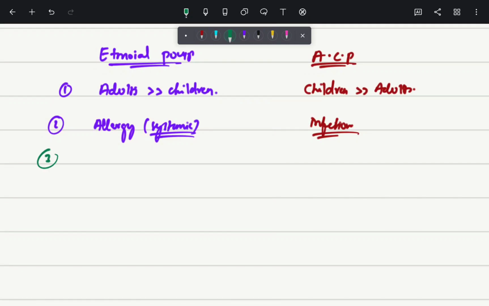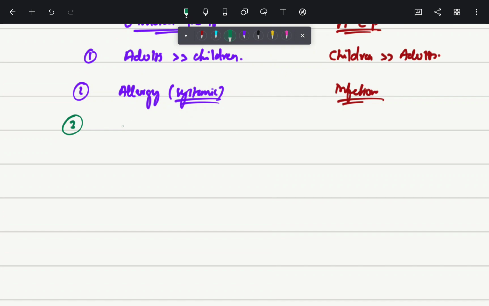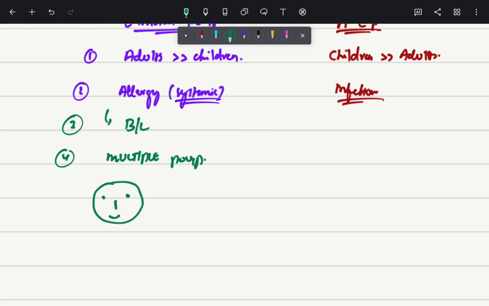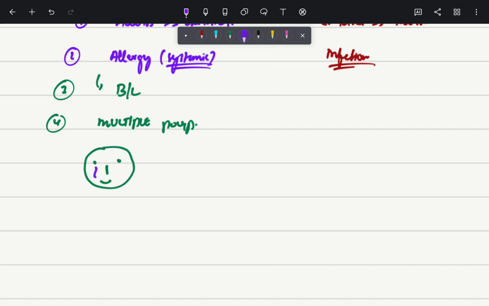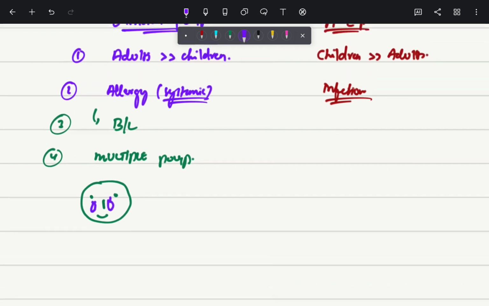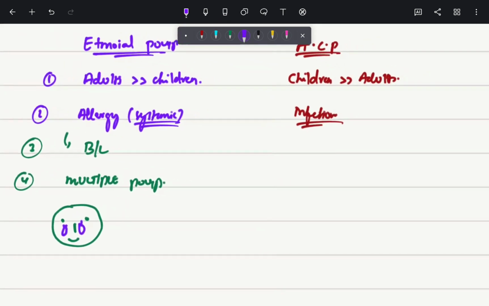And not only that, ethmoidal polyp, since it is an allergy, is usually involving bilaterally. Okay, allergy is a systemic thing, so obviously it will be bilateral. It is bilateral and multiple polyps. So suppose this is the face of the patient. Usually the polyps are bilateral and multiple in case of ethmoidal polyp.